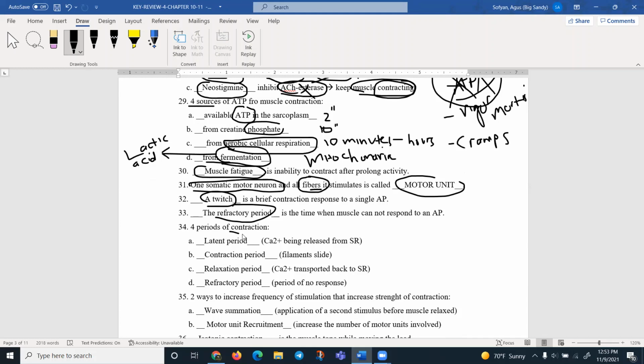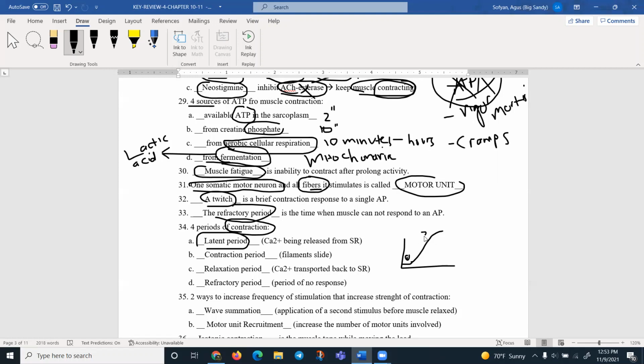The contraction cycle actually has 4 parts. The latent period is when the calcium is being released from the SR. So it's going to be the latent period over here, number 1. And then after that, the contraction period, maybe about 10 seconds.